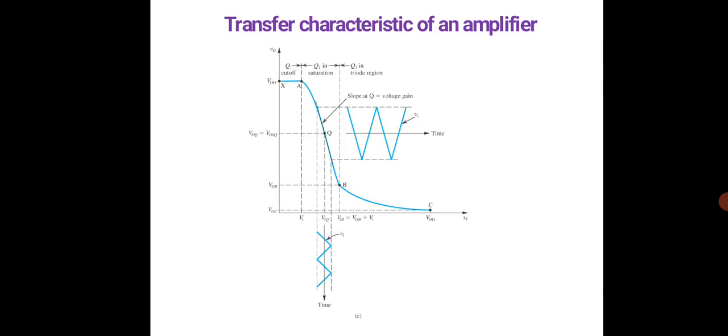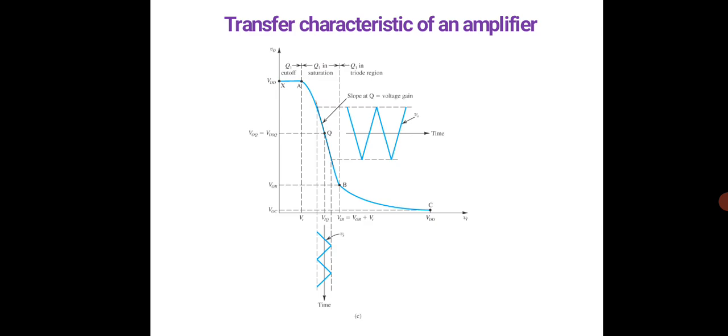So this is a transfer characteristic of an amplifier. You can see here the Q point, with one region acting in cutoff, one in saturation, the other in the triode region. So the slope at Q determines the voltage gain. This refers to where you need to plot the Q point.